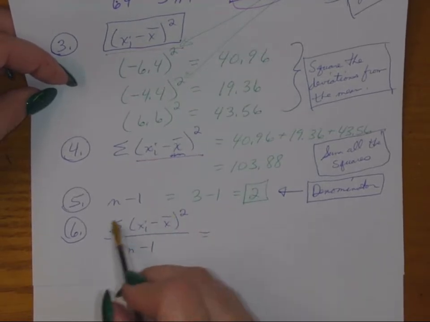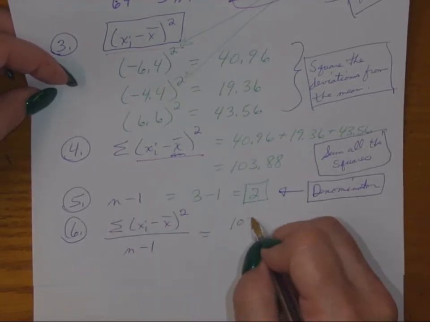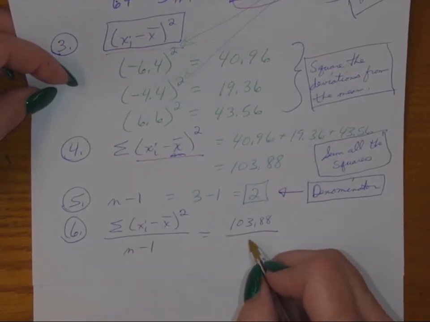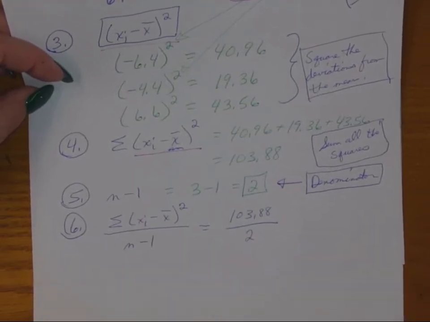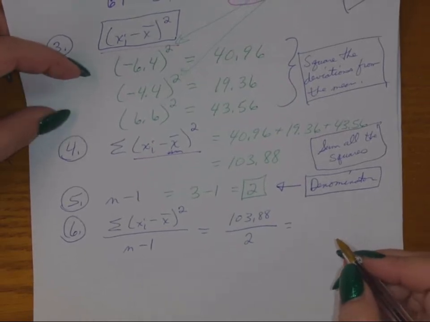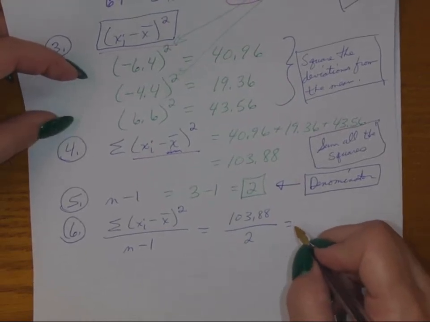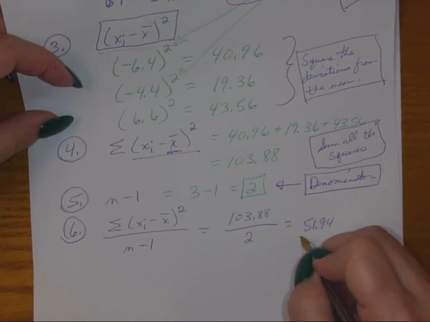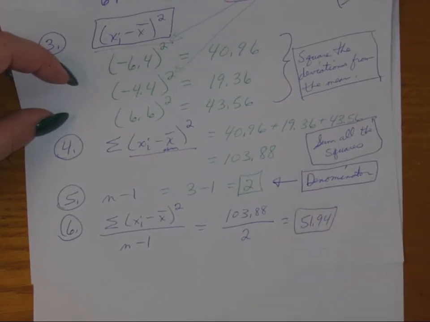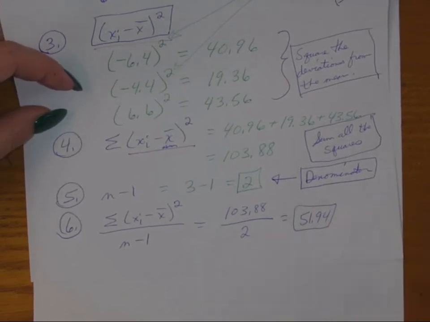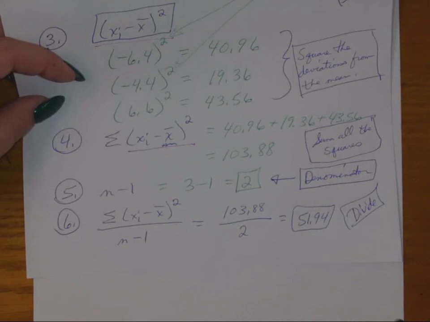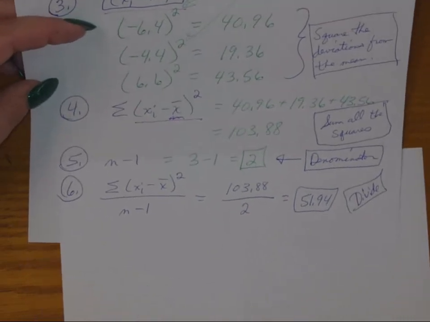All of this stuff on the top was this 103.88, and the n minus 1 on the bottom, that's my denominator, that's the 2. So when I divide that out, I think I get 51.94. This step is divide. That's all we're doing. So 103.88 divided by 2. We're almost there.